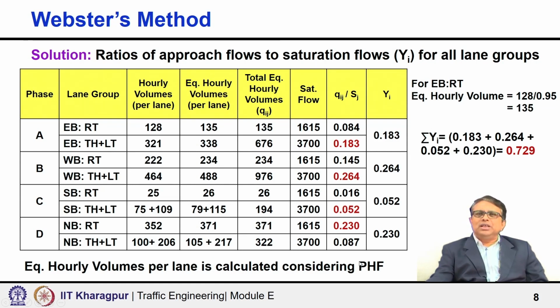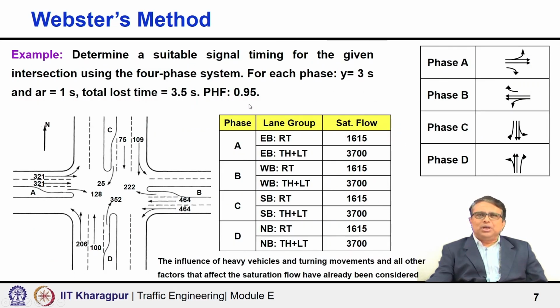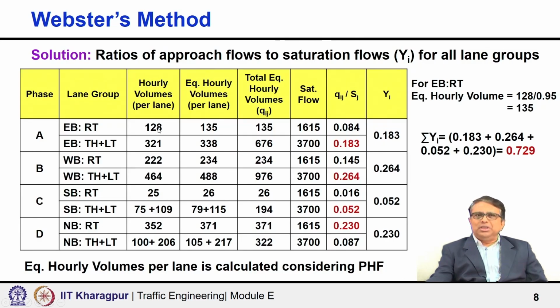That means considering the peak 15-minute hourly flow rate rather than the hourly volume. You can see the peak hour factor is 0.95. So, 128 divided by 0.95 gives 135.